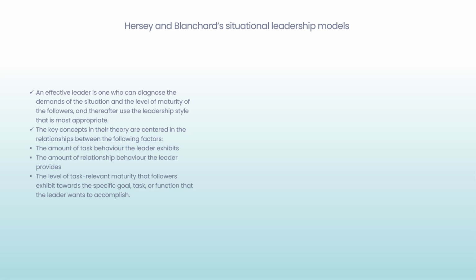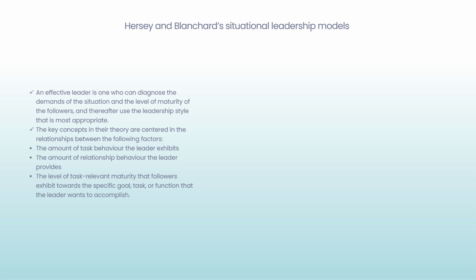You see that already you can understand about problem solving. You have to know the problems that you are facing. And the level of maturity of the followers is very important. It's not only about you, leader, it's also about the level of the followers. This is about Hersey and Blanchard.